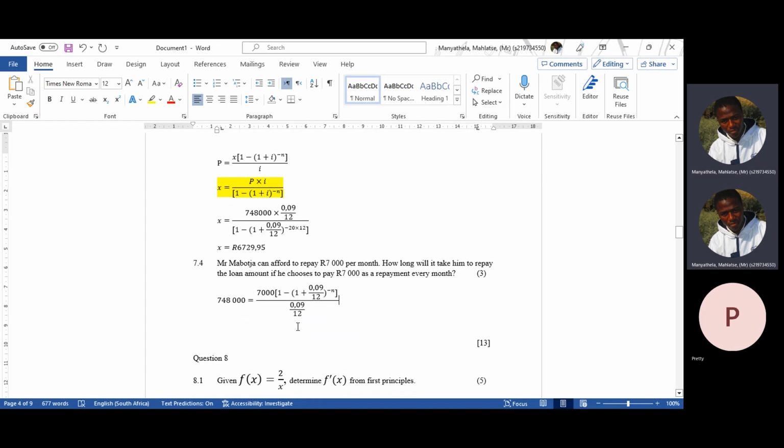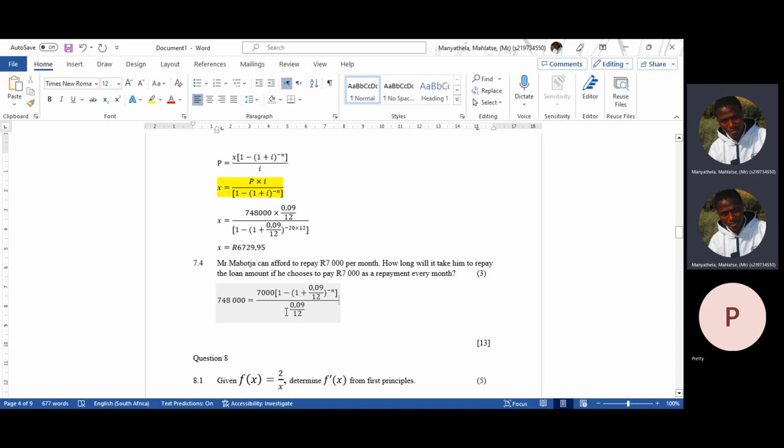So next step, we'll take 0.09 over 12 and multiply it with 748,000, or rather we'll multiply both sides by 0.09 over 12. So we'll multiply this side by 0.09 over 12 and this side by 0.09 over 12.